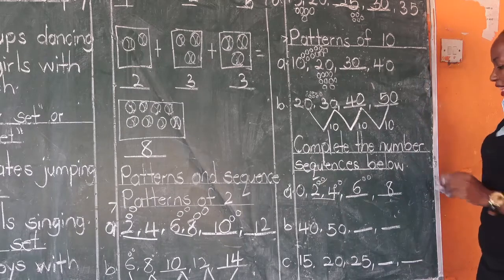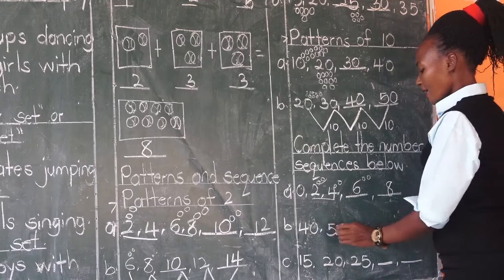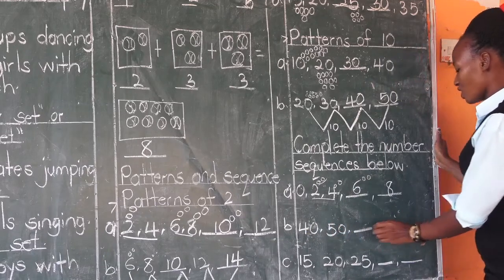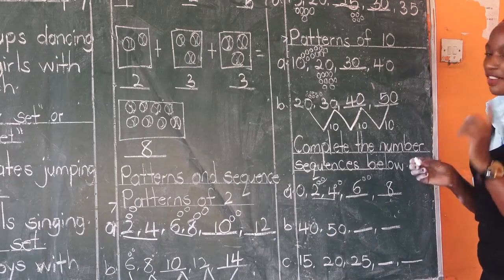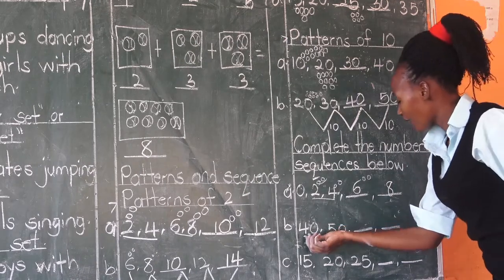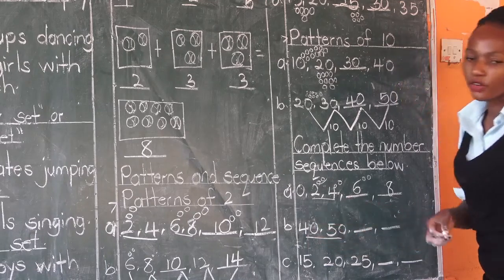Okay, now let's look at the next one. We have 40, 50, dash, dash. Now we are going to find out the difference. Before we find out the missing numbers, we have to look for the difference between 50 and 40.